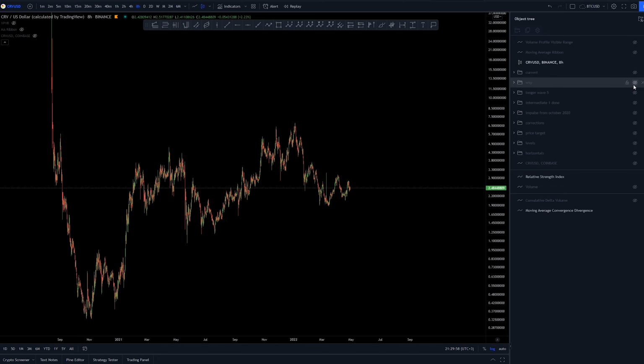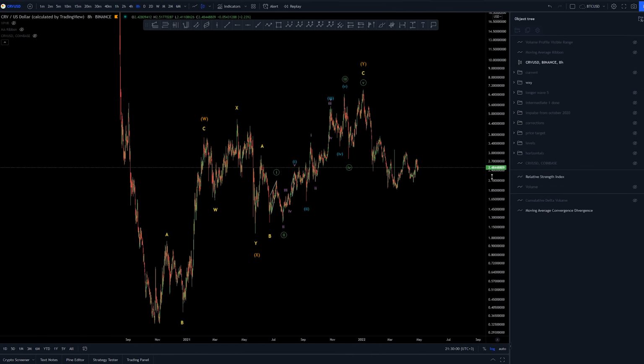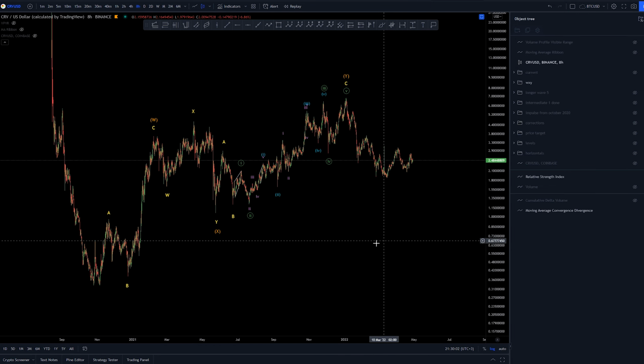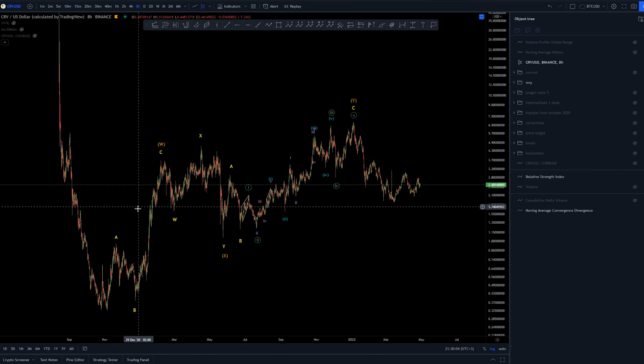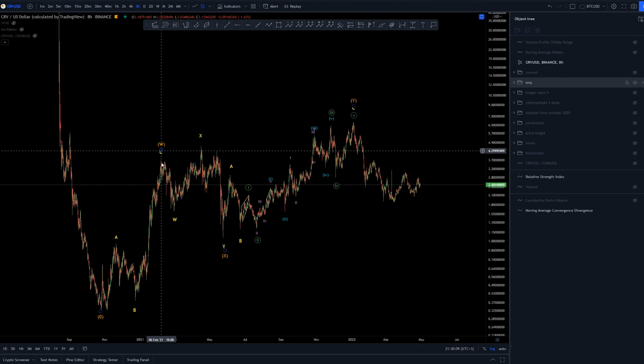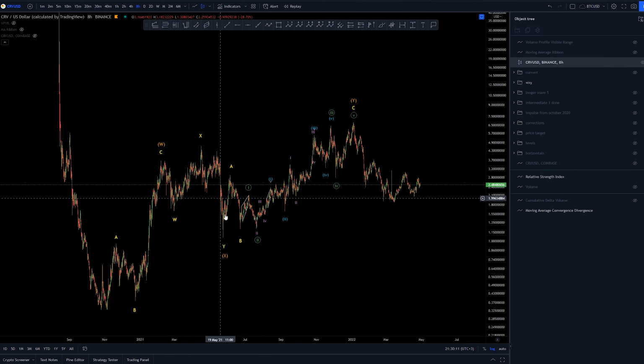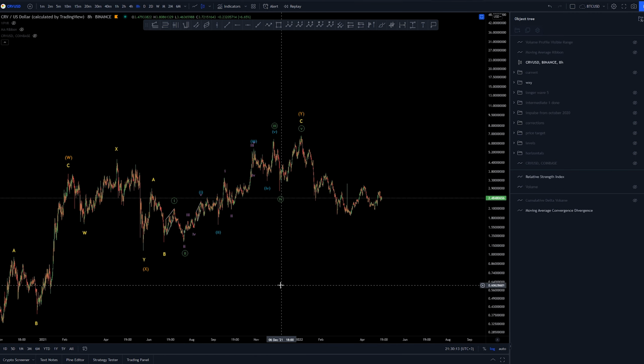Now the other case is this one, and this is saying that we have A, B, C into the W, another A, B, C, WXY into X wave, and then we have another ABC here.